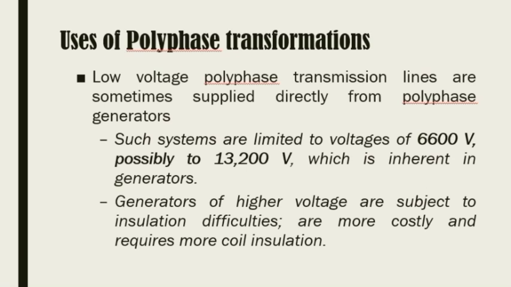Inherent meaning permanent. To proceed, generators of higher voltage are subject to insulation difficulties, meaning they experience difficulty when it comes to insulation. Aside from that, generators of higher voltage are more expensive and require more coil insulation.